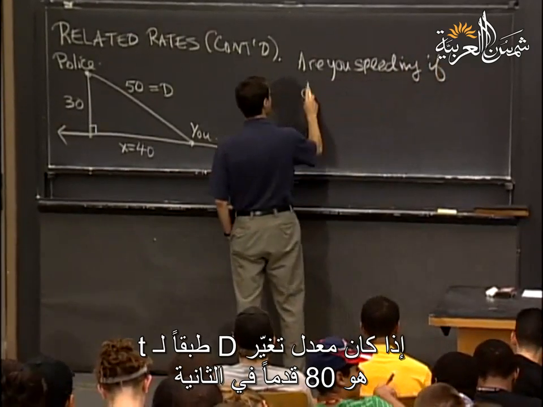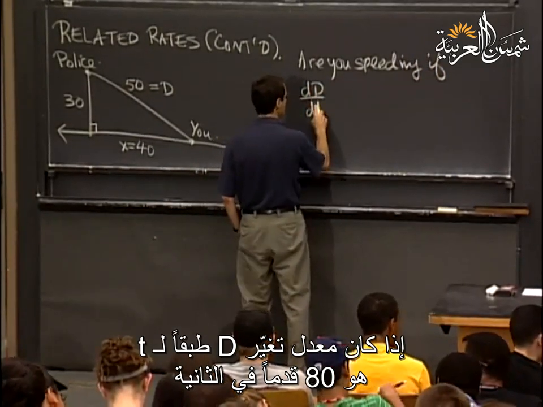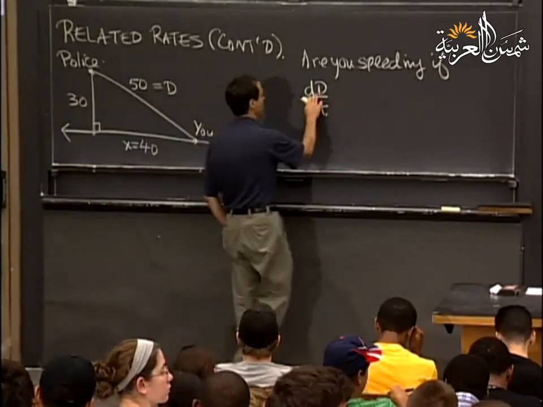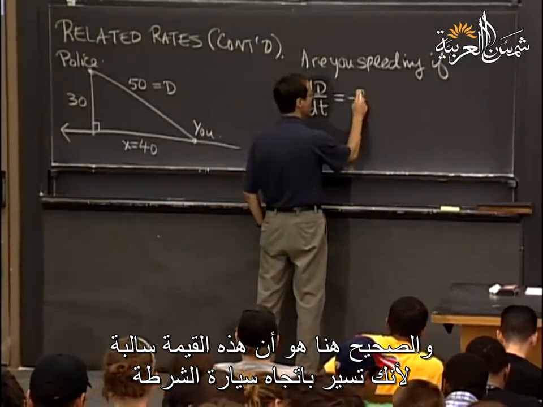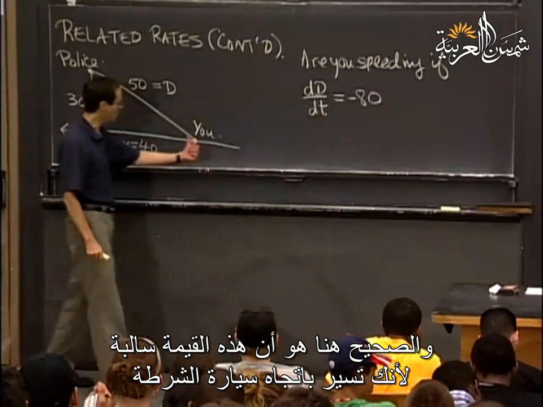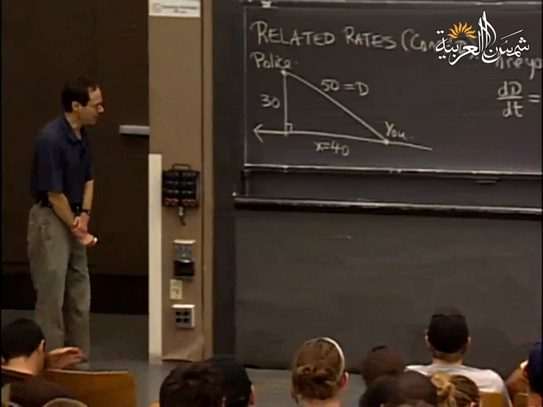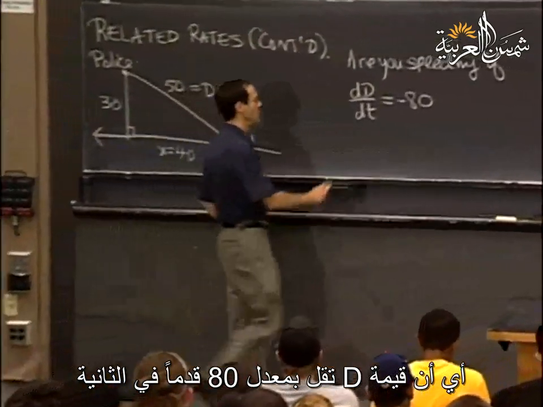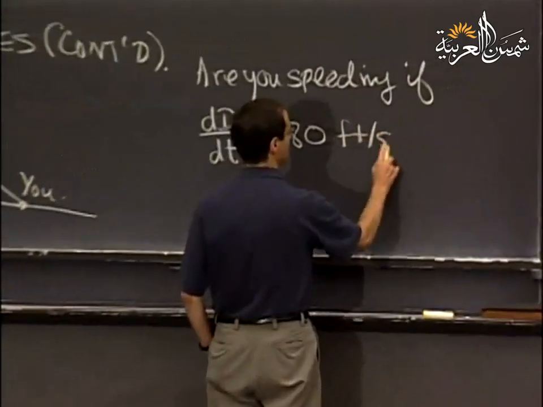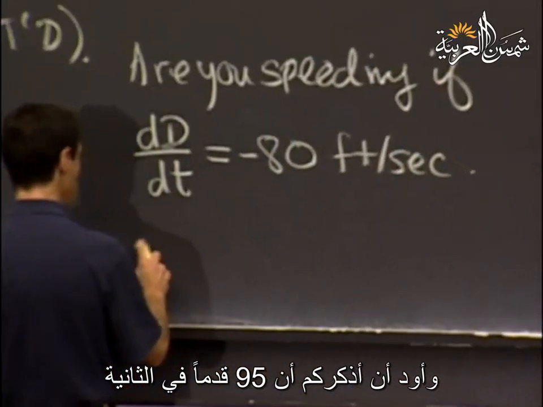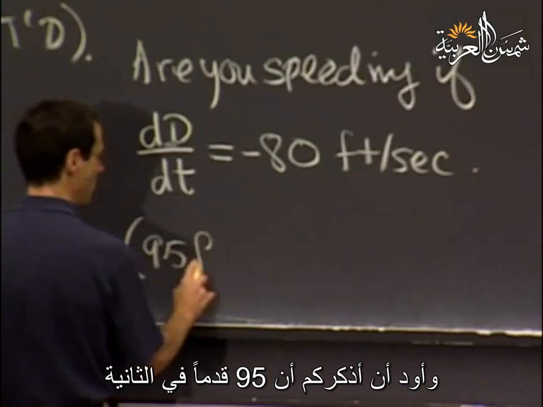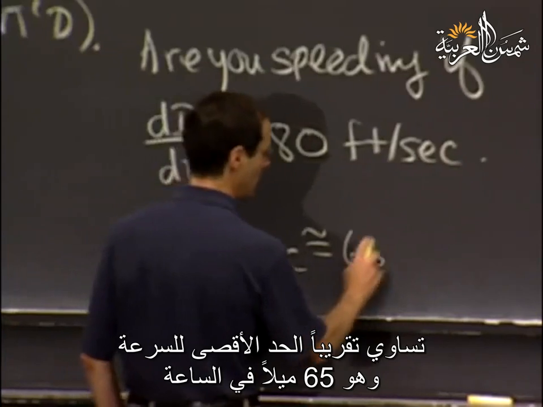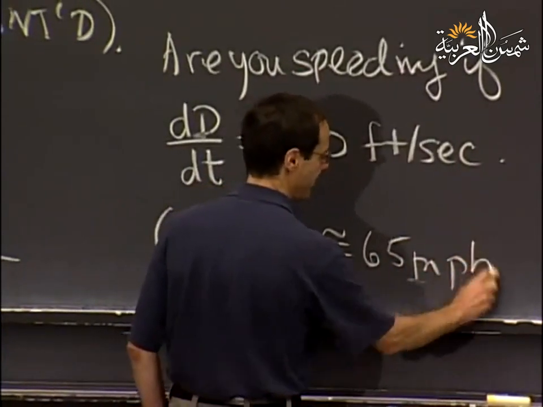If the rate of change of d with respect to t is 80 feet per second. Now technically that would be minus 80 because you're going towards the policeman. So d is shrinking at a rate of minus 80 feet per second. And I remind you that 95 feet per second is approximately the speed limit, which is 65 miles per hour.